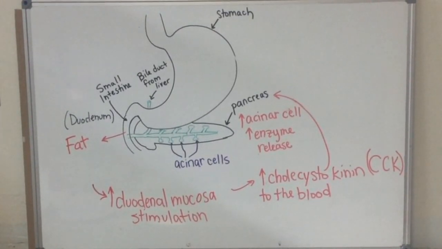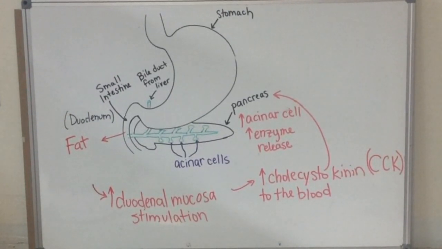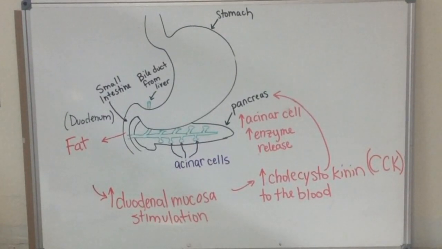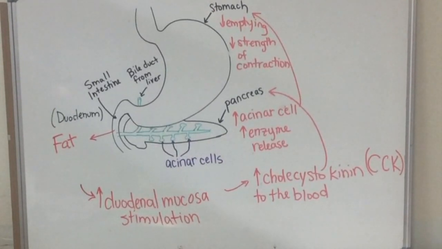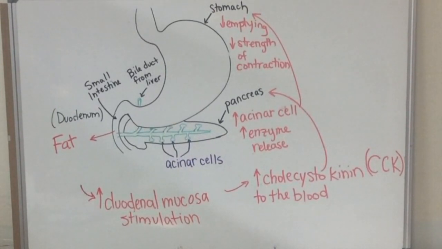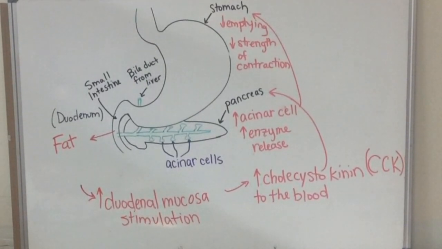CCK travels to its target organ, the pancreas. Once in the pancreas, it targets the acinar cell to increase its production and release of pancreatic enzymes. Similar to secretin, increased fat in the duodenum results in a decrease of gastric emptying by a decrease of the strength of contraction.